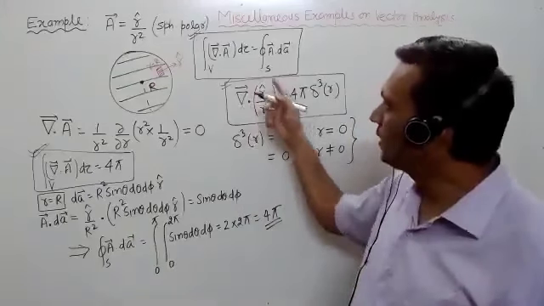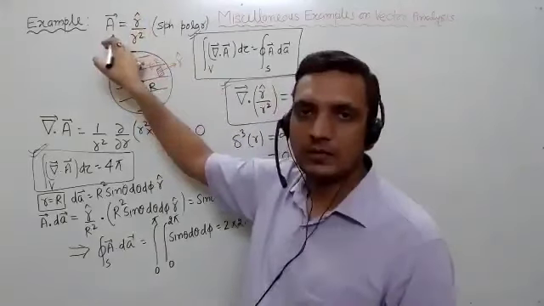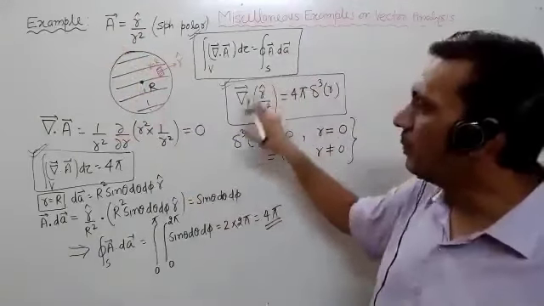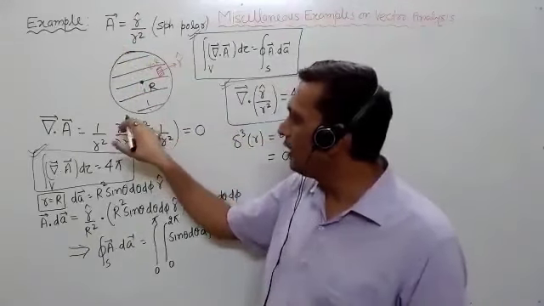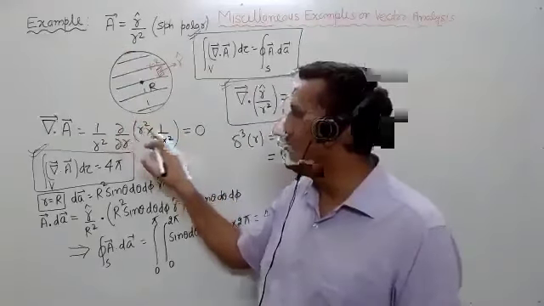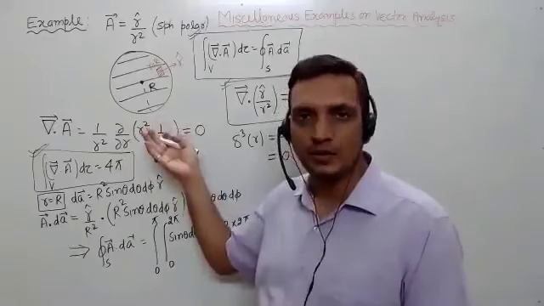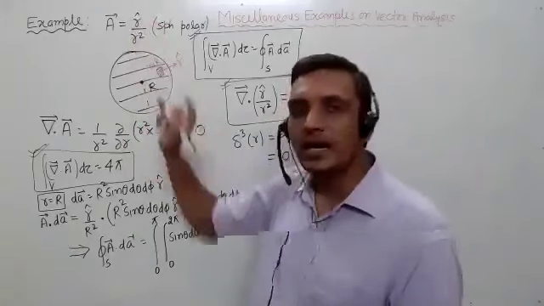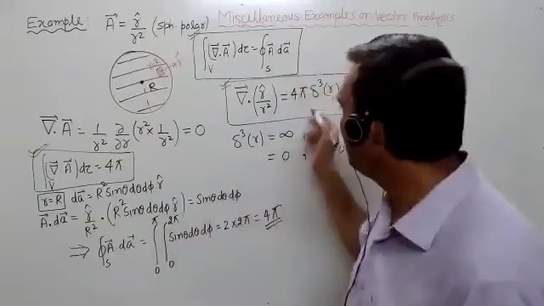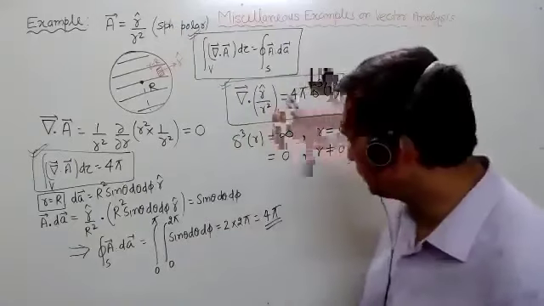It's a special vector. You have to remember this case. Whenever you have r cap by r square, you have to express in this form. You can see in this formula also you have 1 by r square term. Then this will cancel out. Even if it is 1 by r cube, 1 by r, then you will get divergence is non-zero. But whenever it is r cap by r square, you will get it will be 0 value. So you have to express in terms of Dirac delta function.